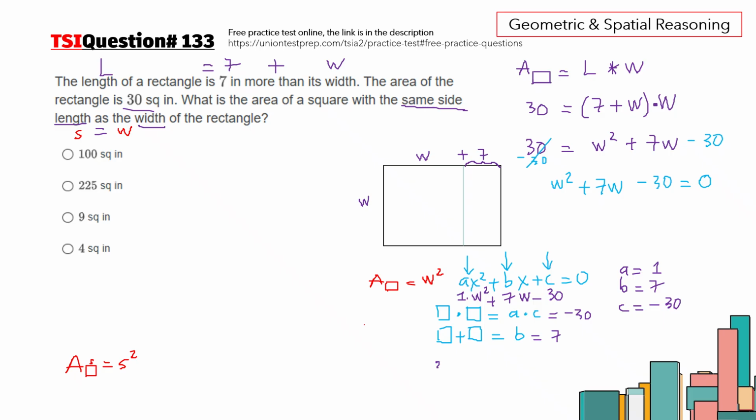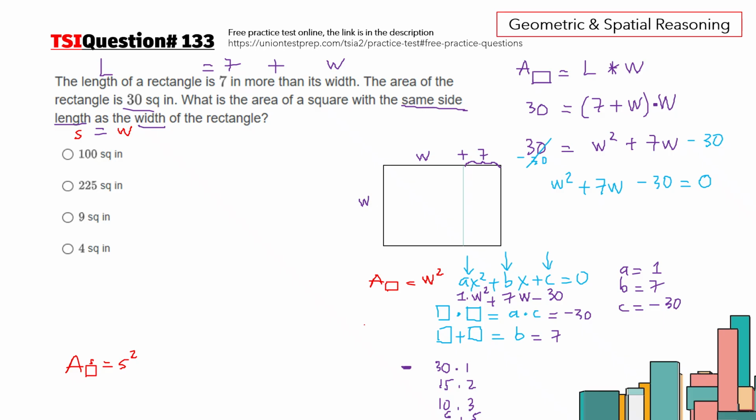So I will list all of the pairs. We have 30 and 1, and of course one of them will be negative to make it negative 30. So we have 15 times 2, 10 times 3, and then 6 times 5. Okay, which one, when you add them up, will be 7?